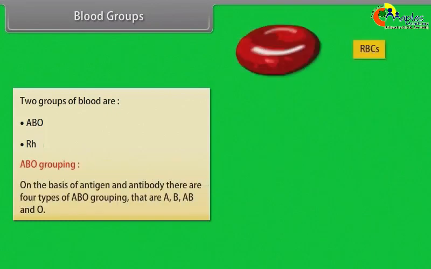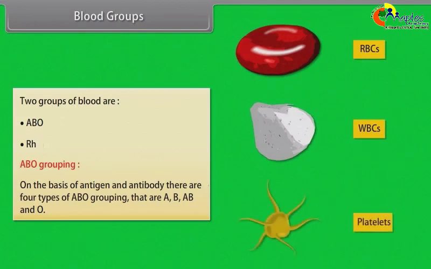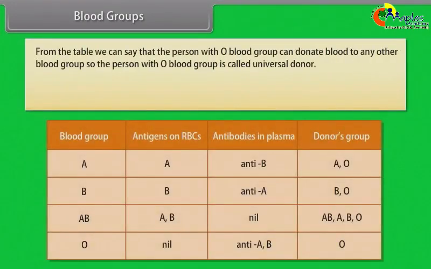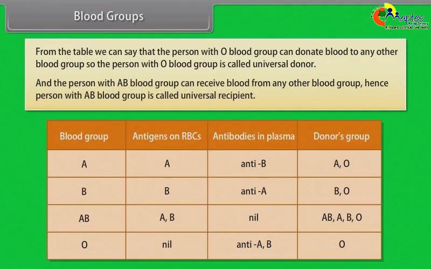On the basis of antigen and antibody, there are four types of ABO grouping, that are A, B, AB and O. From the table we can say that the person with O blood group can donate blood to any other blood group, so the person with O blood group is called universal donor. And the person with AB blood group can receive blood from any other blood group. Hence, the person with AB blood group is called universal recipient.